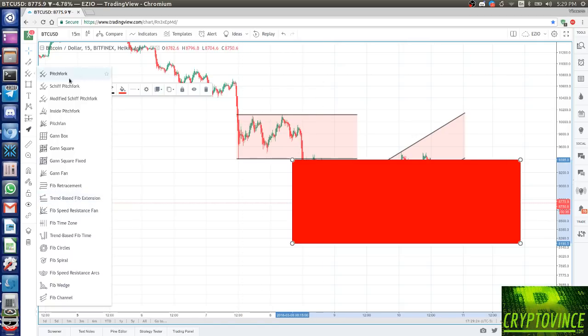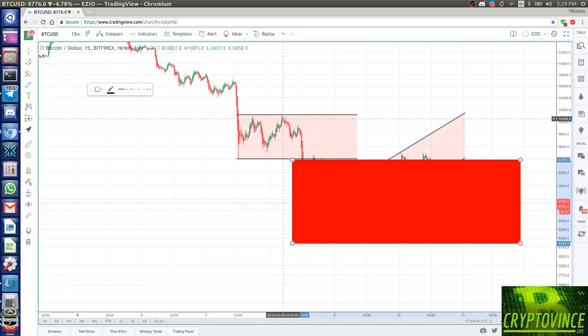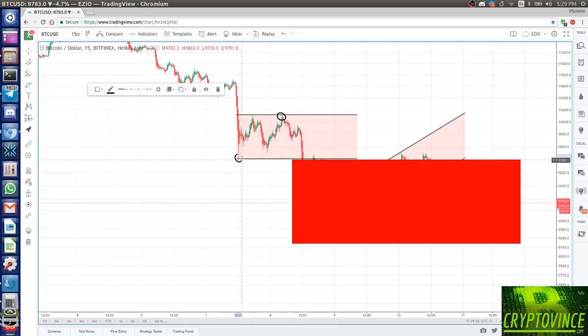So I select the top of my correction and the lowest point of the correction, and I use this previous little bullish trend to figure out what my next bearish one will be.